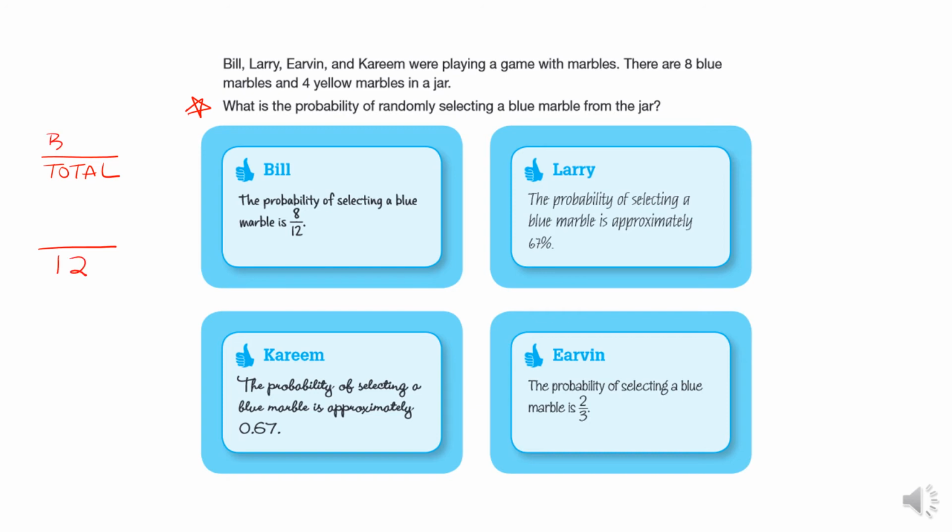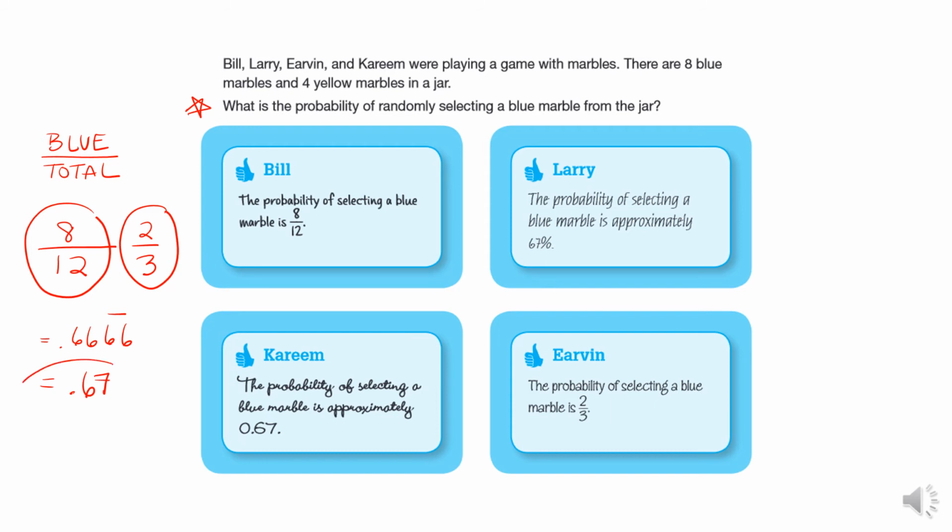And then we want to figure out how many blue there are. Well, it says right here there are 8. So we're going to divide by 4 over 4, and we get 2/3. So now we can see, there's Bill's answer, there's Irvin's answer. 2/3 equals 0.6666, repeating, or 0.67.